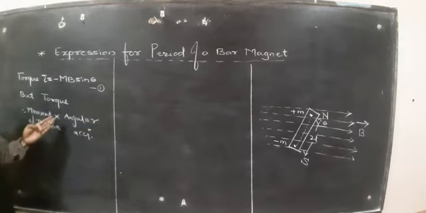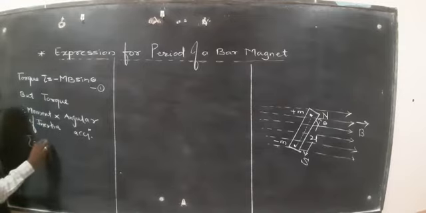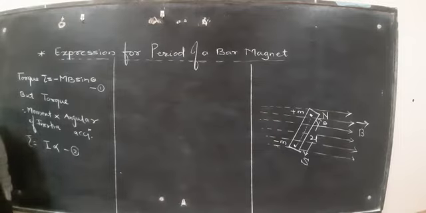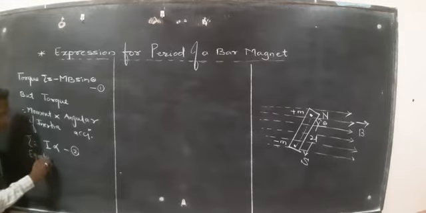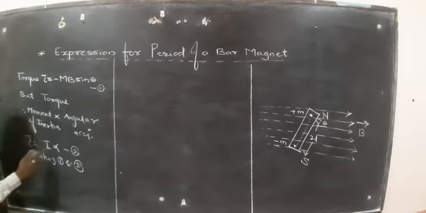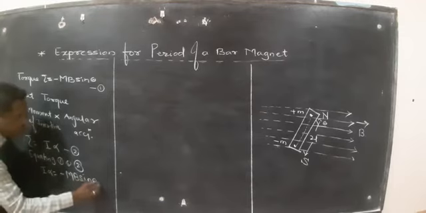Torque is nothing but the product of moment of inertia and angular acceleration. Mathematically it can be written as torque tau is equal to moment of inertia I times angular acceleration alpha. Equation number 2. Equating equations 1 and 2, we can write I alpha is equal to minus MB sin theta.